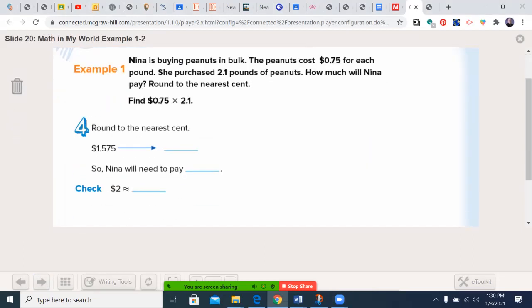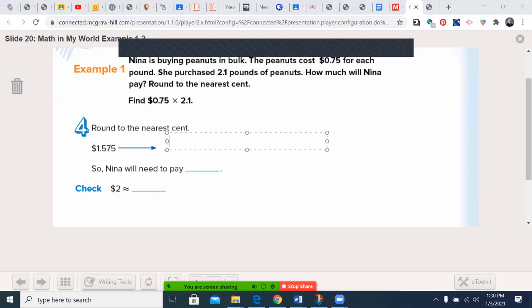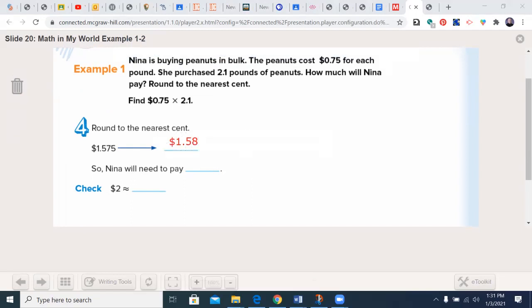See that there? We need to round to the nearest penny. So it's going to either be $1.57 or $1.58. 5 makes that 7 go up. So our total price is $1.58. So Nina will pay $1.58.